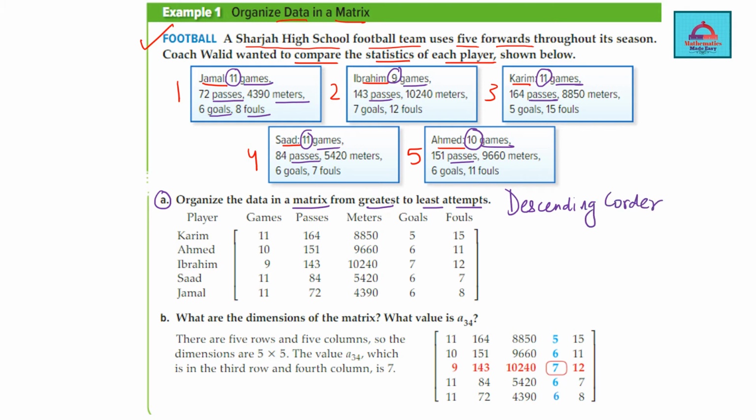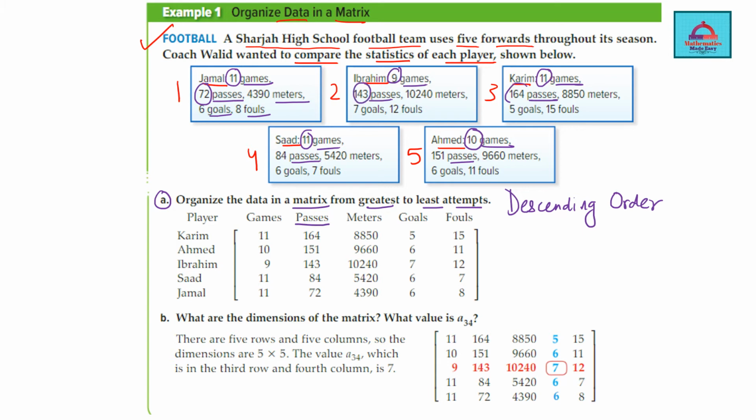So we are going to do that in descending order. When I say descending order, I mean greatest to least. So let's look at the information. Total games, that's one, then passes, that's another, then the meters, goals and fouls.